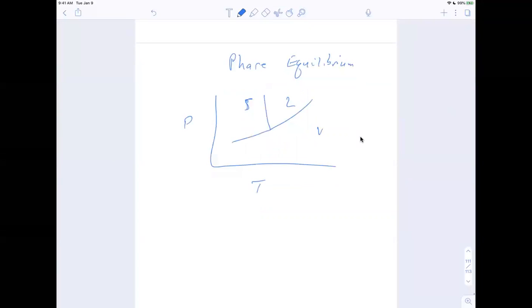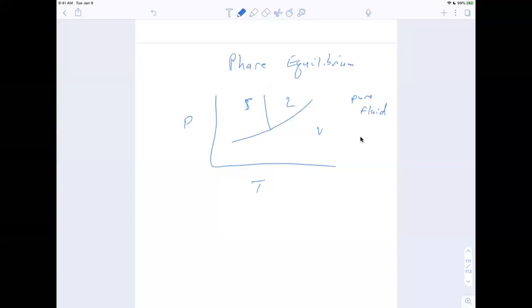Okay, so we also then moved on to generating this idea of degrees of freedom, meaning how many independent variables can we specify in a system and have that system be in a phase that we would like it to be in. So for instance, in the case of a single pure fluid, we can specify two independent variables if we want it to be in a single phase system, such as solid, liquid, or vapor.